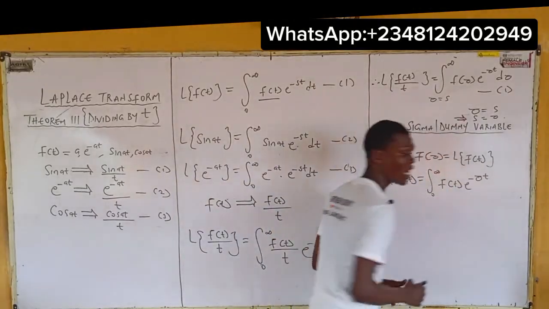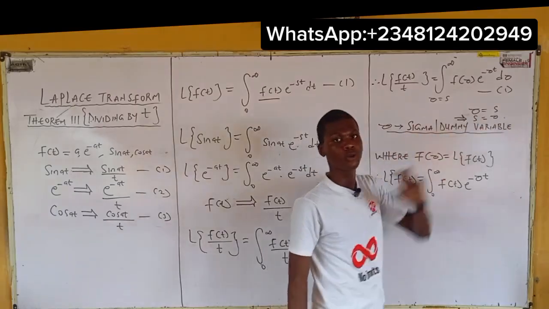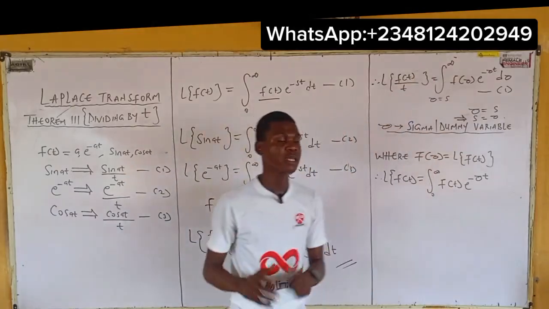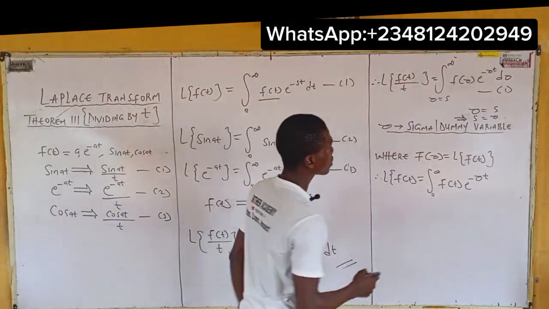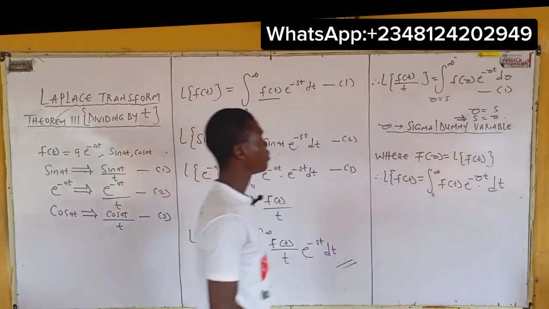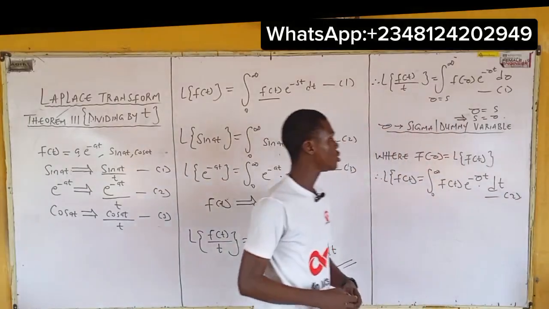Why is it sigma? We've substituted x to be sigma, following the general formula of the dividing by t theorem. Multiplied by dt. Say this is equation 2.